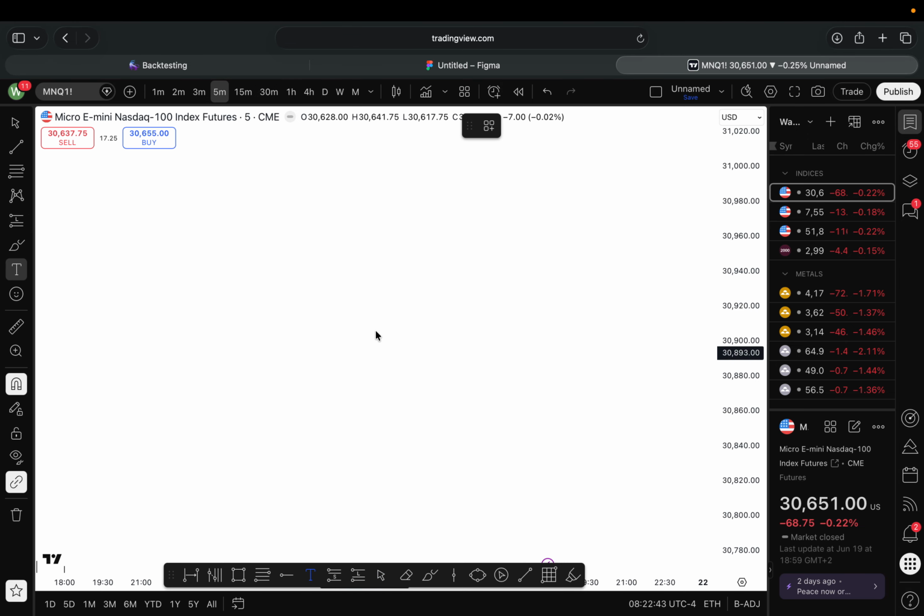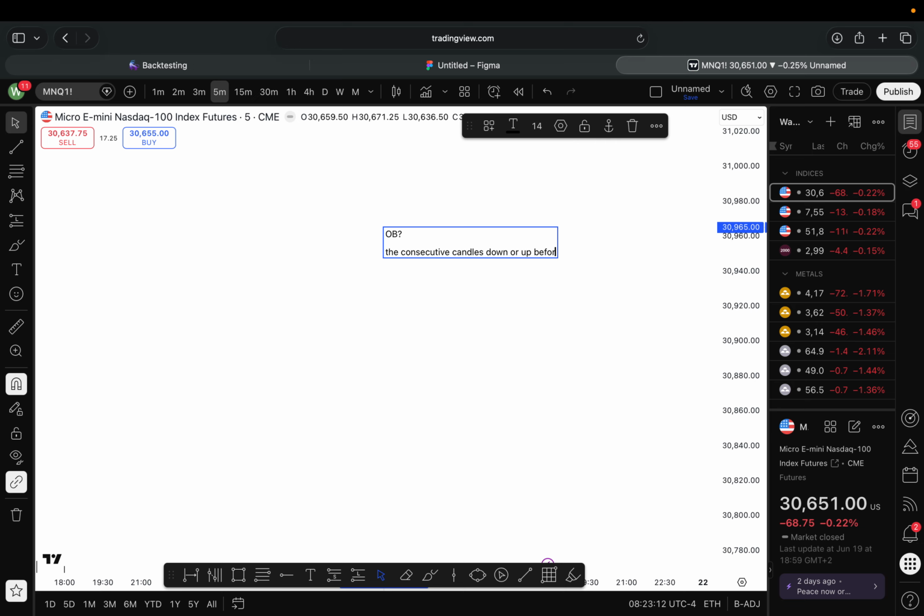Okay, first off, what is an order block? An order block is, to put it simply, the consecutive candles down or up, in the different scenarios, bullish or bearish, before or into a point of liquidity.